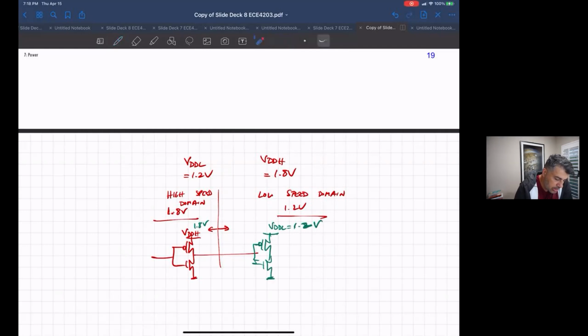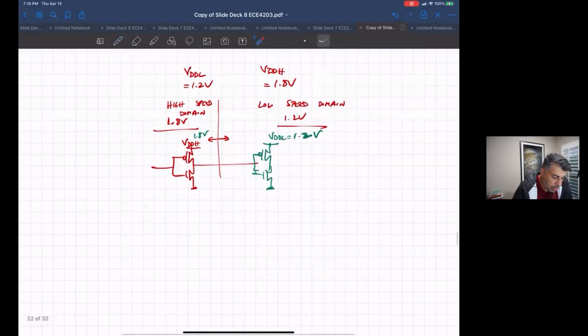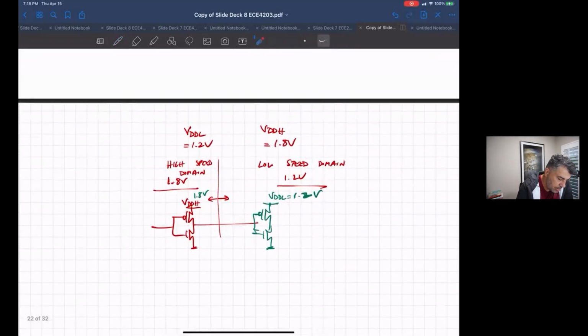This is usually not problematic, because my 1 voltage is going to be 1.8 volts.